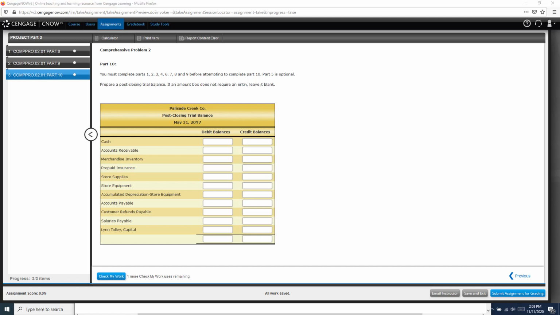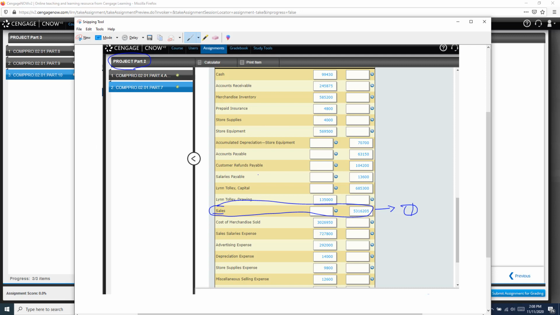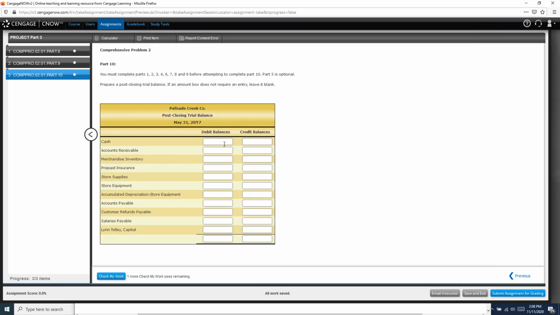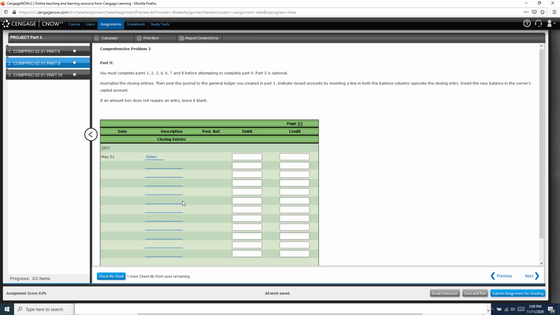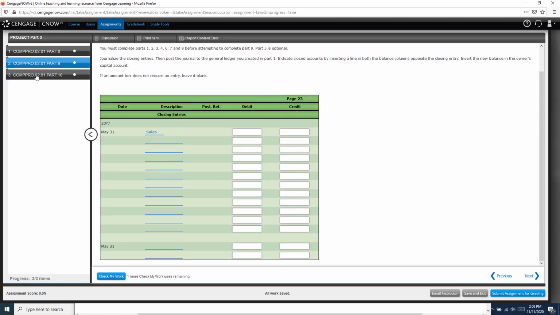And where was the balance that you had before? It comes from the adjusted trial balance in project part 2. Okay, so here's accounts receivable, here's merchandise inventory. Should be the same. Prepaid insurance, same balance that you carry over to the post-closing trial balance. Your capital, watch out, that will not be the same. Why? Because here you would have to post it to it, right?